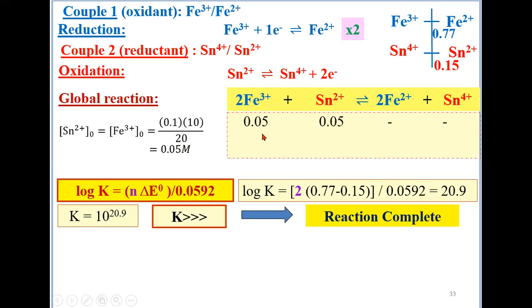Of course, you know that when the reaction proceeds, this is going to do minus 2x, minus x, plus x, plus x. But because the reaction is complete, you could easily solve for x, and so this is minus 2x, solve for the x. You will notice that the iron is our limiting reagent because it's 0.05 divided by 2.